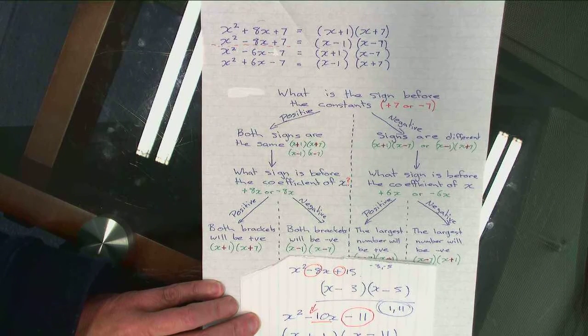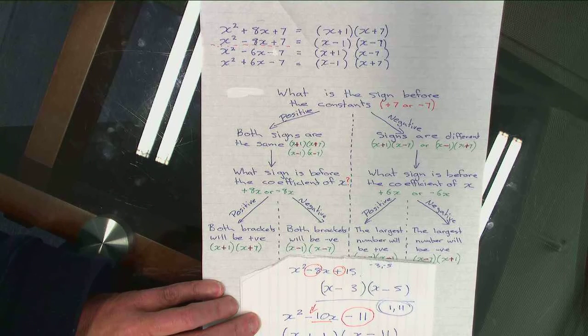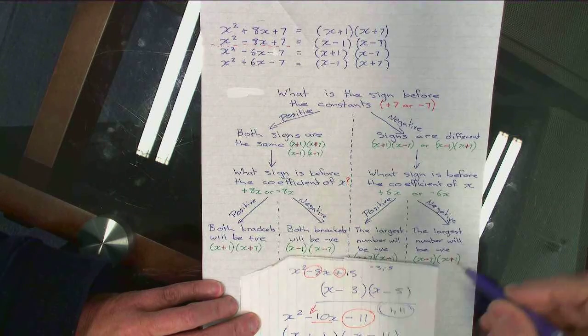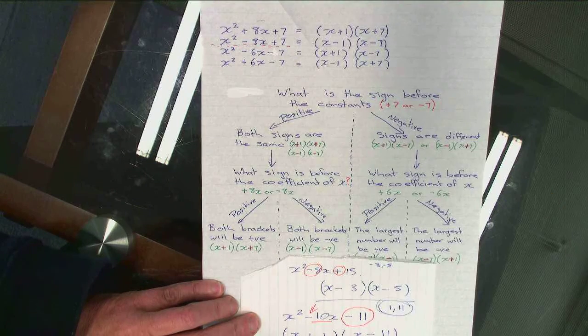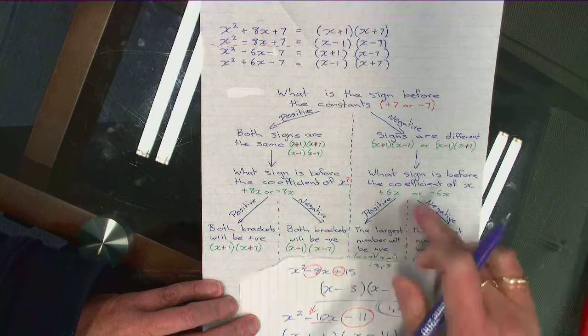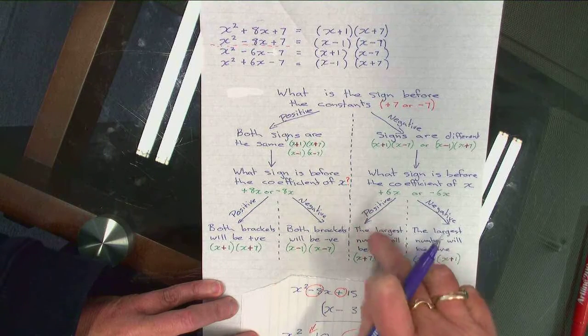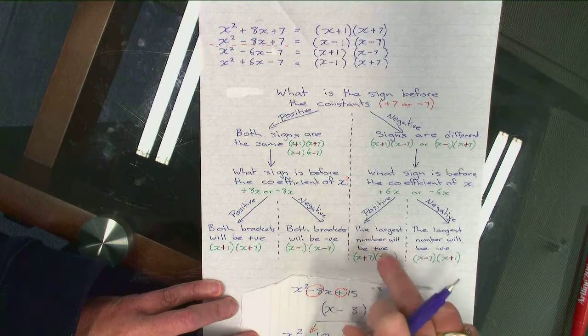Our factors of 33, obviously 1 and 33, which is not going to equal 8, but 3 and 11 will. So to get plus 8, the positive before the coefficient of x says we go down this side, which means that the largest number will be positive.